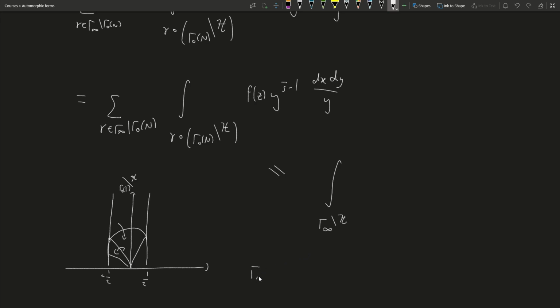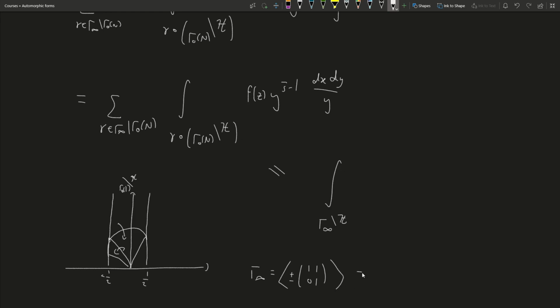I recall that Gamma_infinity was the subgroup generated by the matrix (1 1; 0 1). So this is the stabilizer of infinity. And if you're doing things with SL2(Z) and not PSL2(Z), then you want a plus-minus here, because minus I also stabilizes infinity.